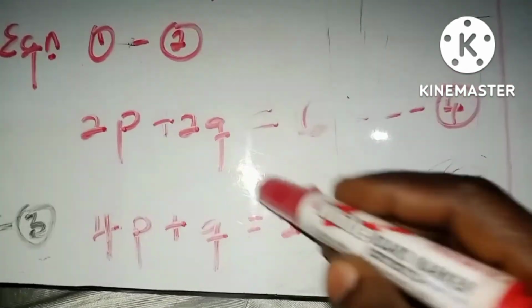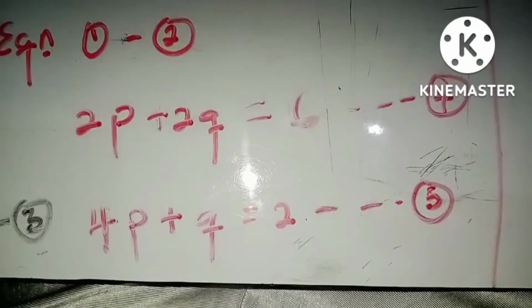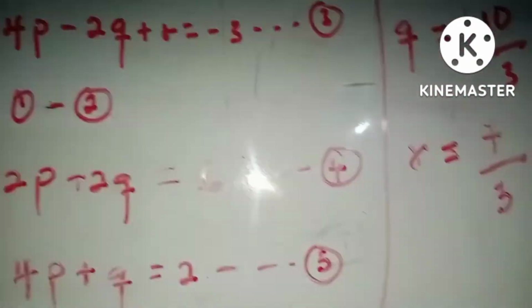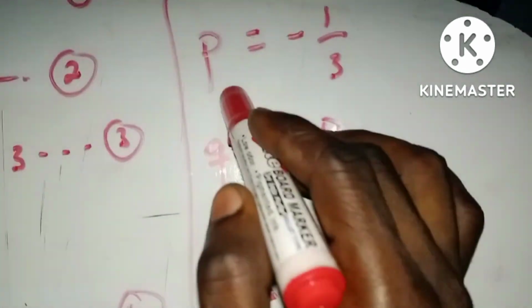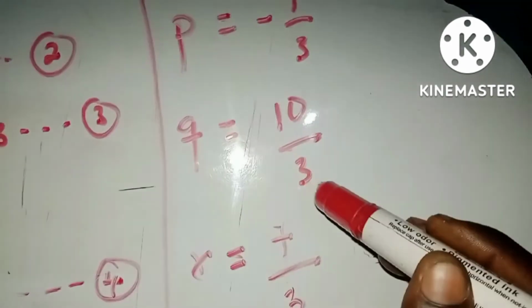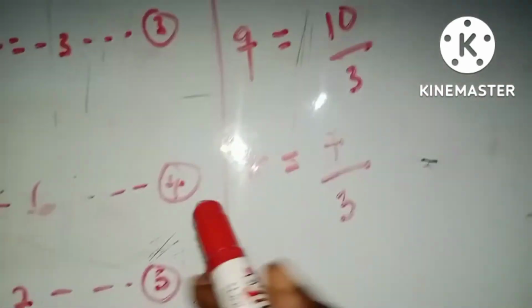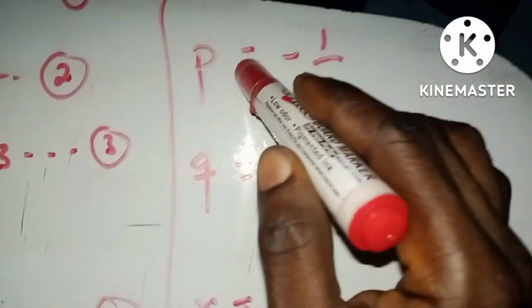After solving these equations, this is what I had: p equal to -1 on 3, and then q equal to 10 on 3, right? So these are the two equations that I solved to have the values of p and q.